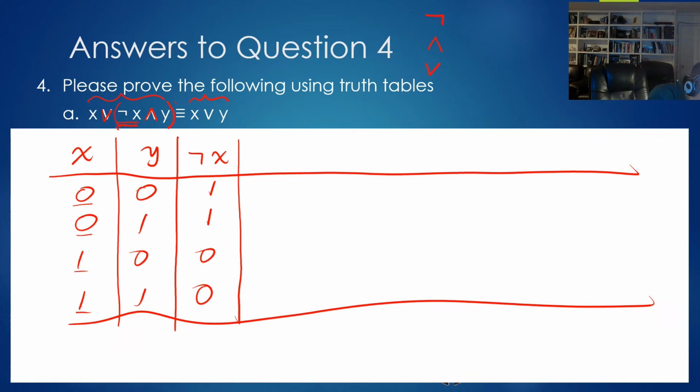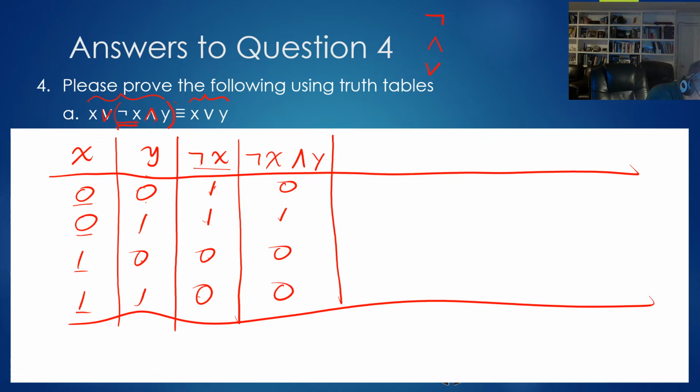And then you figure out negation of x conjunction y. For 0 0, you get a 0. 0 1, you get a 0. 1 0, you get a 1 and 0. By the definition of conjunction, only 1 1 gives 1.